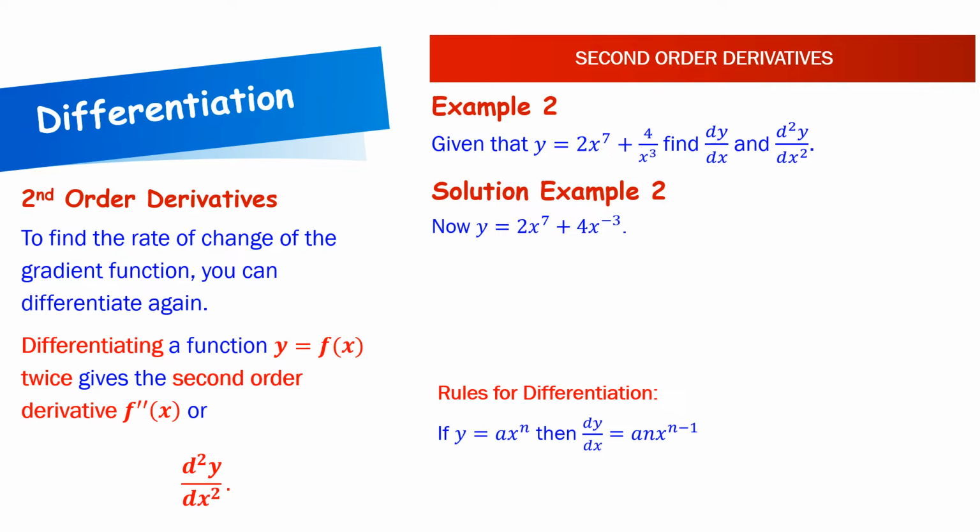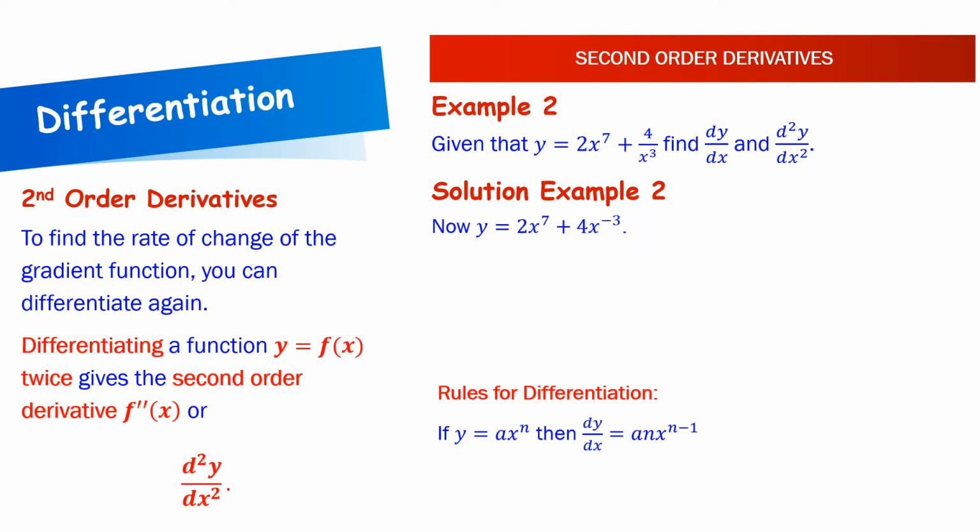Let's first remind ourselves again of the rules for differentiation. If y equals ax to the power n, then dy dx equals an times x to the power n minus 1. Now in our example we are also required to find d2y dx squared, so we need to differentiate again.